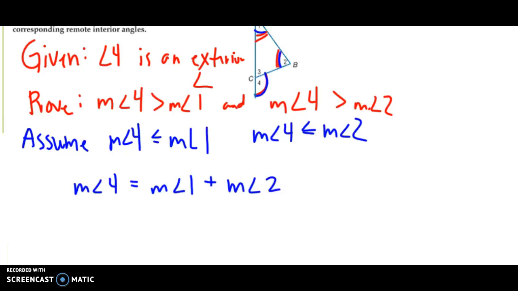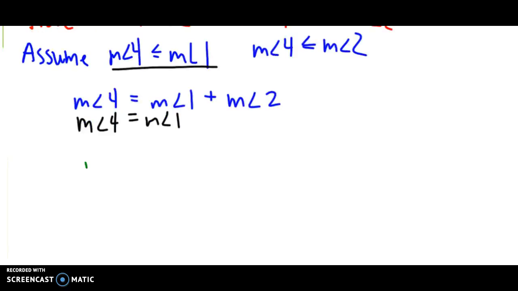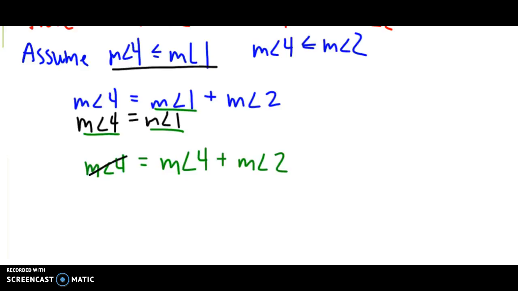But if you look at this part right here, the measure of angle 4 is less than or equal to the measure of angle 1, we can actually say the measure of angle 4 is equal to the measure of angle 1. And we're just going to substitute and say, well, then the measure of angle 4 is equal to the measure of angle 4 plus the measure of angle 2. Because we just said, okay, well, 4 is the same as 1, then we can take this one and put in angle 4. Well, if you have the same thing on both sides of the equal sign, they cancel each other out, right?